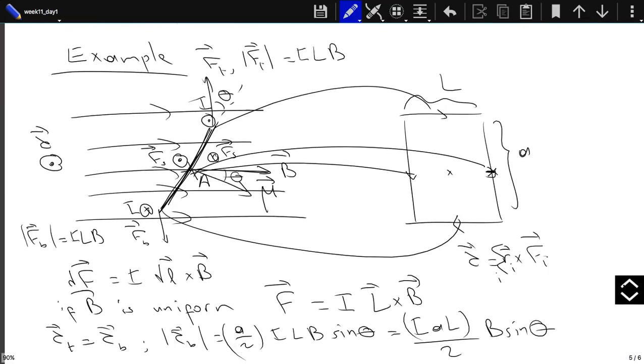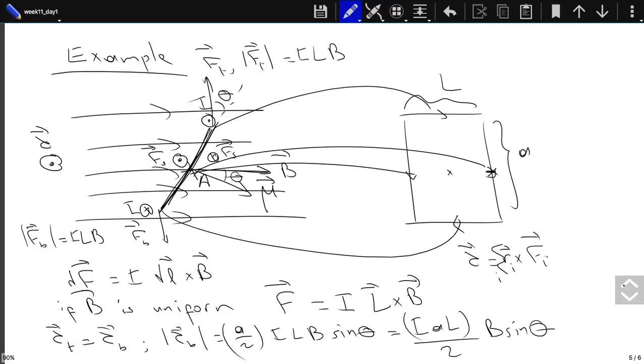So what does it do? Let's see the forces. This is the shape of our loop, this is the direction of the magnetic field, and the magnetic dipole moment is pointing in this direction. The torque is such that it's trying to rotate it like this. So this is B, this is mu.